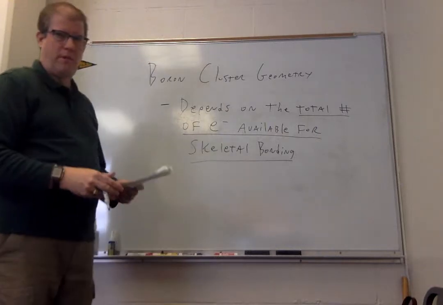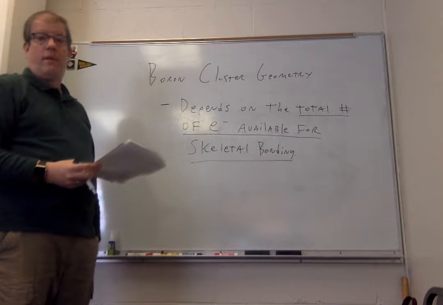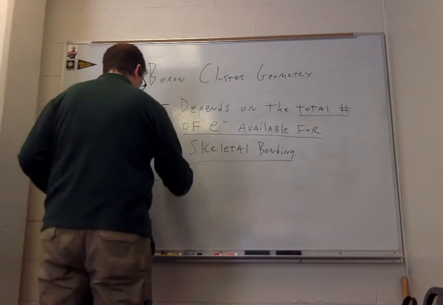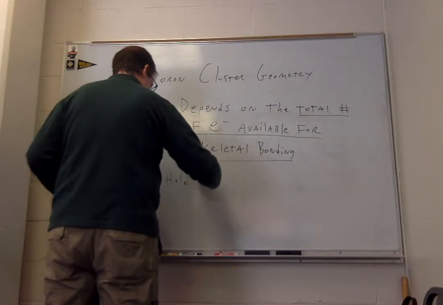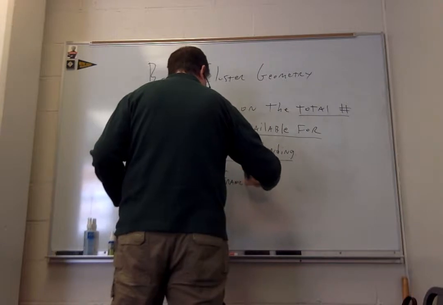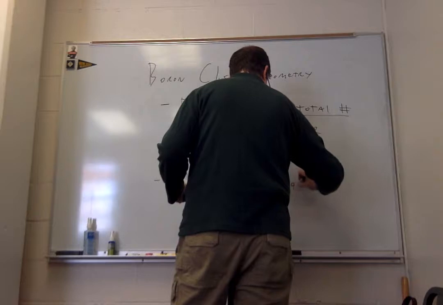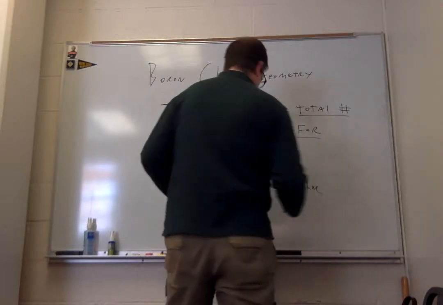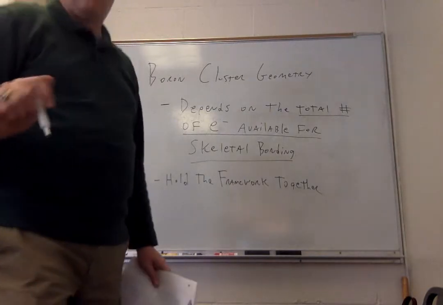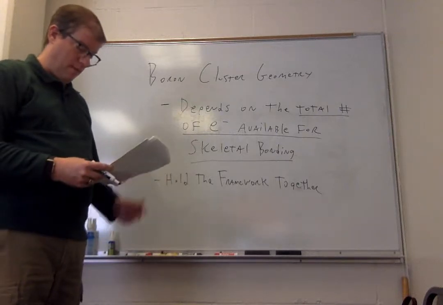Not just the total number of electrons, but the number of electrons that are available to hold the polyhedral framework together. So how many electrons are available to do this? That's the question. Once you answer that question, then you know what the geometry of it is.